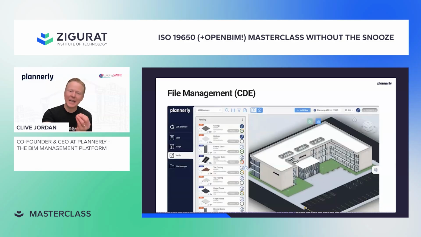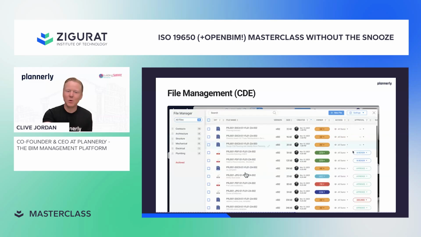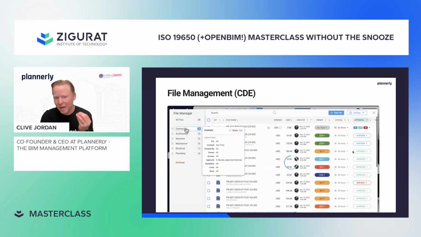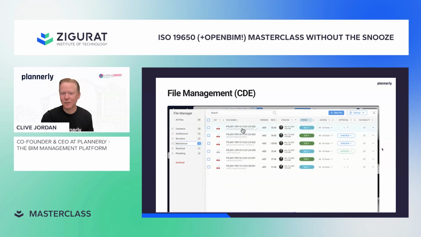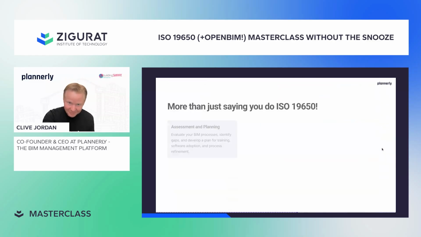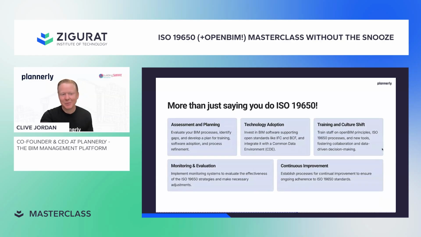So this CDE is a collection of all of your important documents so that you have permission, you know exactly where to find them, and you can get through that workflow really, really easily in an integrated way as well.